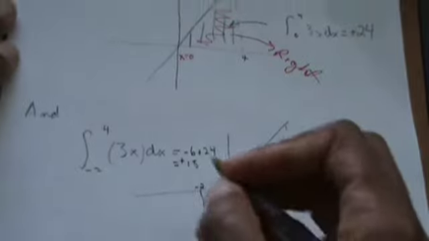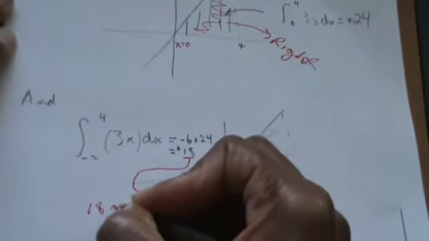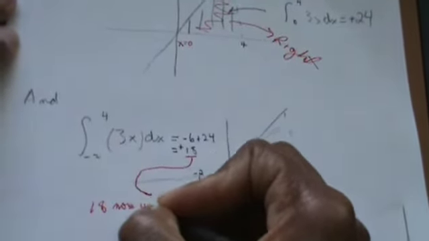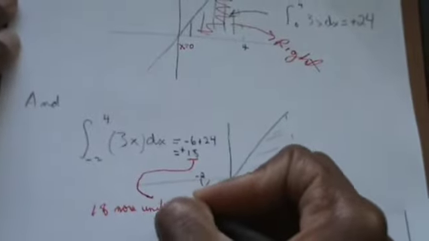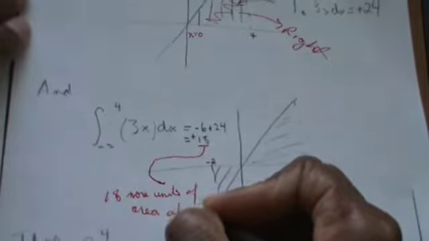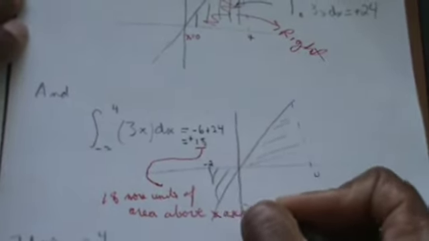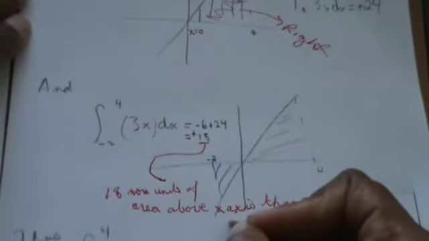So this number is not just 18 units of area, but it's specifically 18 more units of area above the x-axis than below it.